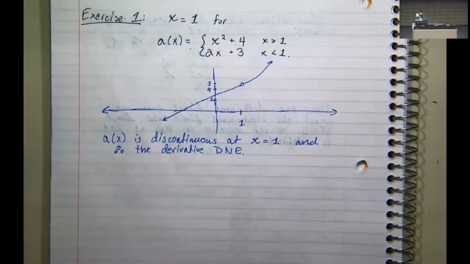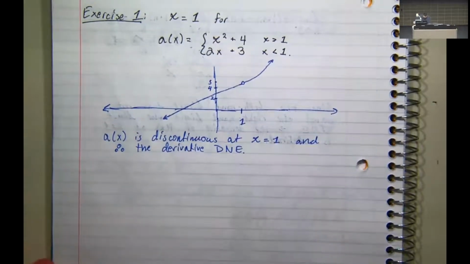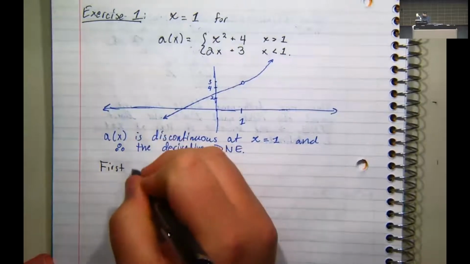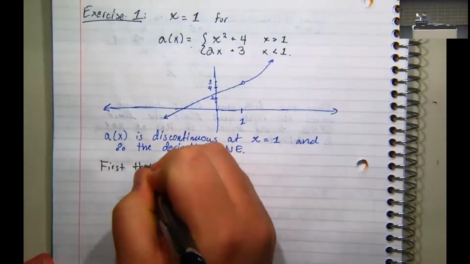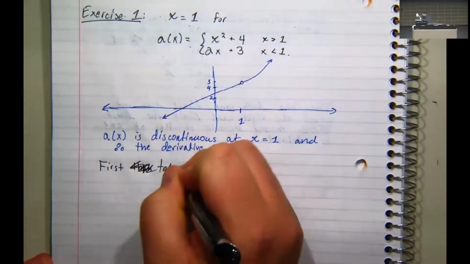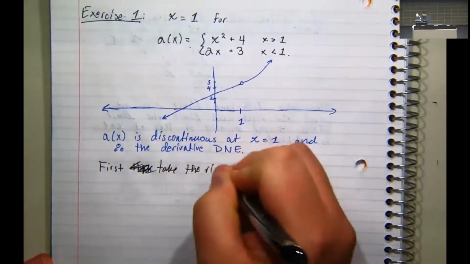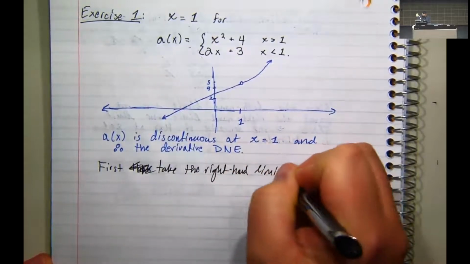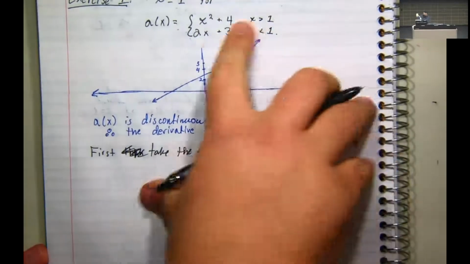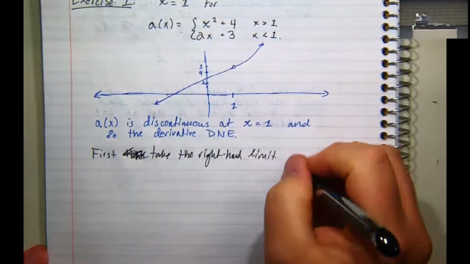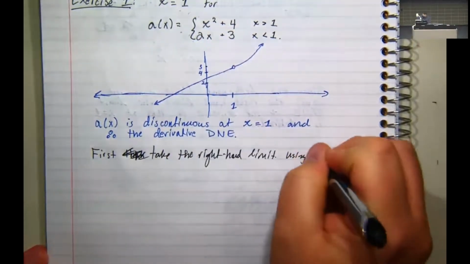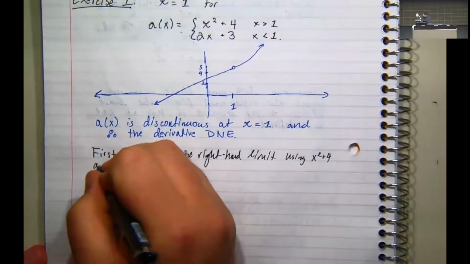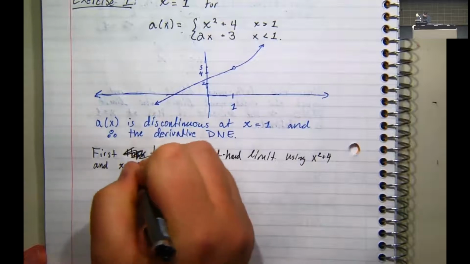Okay, so first take the right hand limit. Since it is the right hand limit, we're going to use x squared plus 4, and x equals 1.